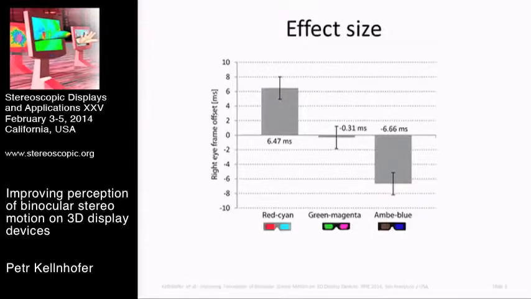We tried different luminance levels, but we didn't get effects from that. Instead, we got a statistically significant difference between glasses, which corresponds to the prediction of the Pulfrich effect model, depending on the brightness ratio of the two eye signals.